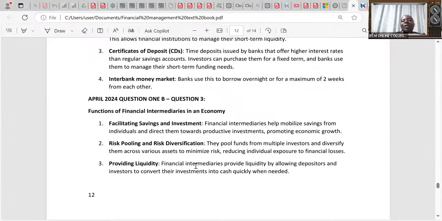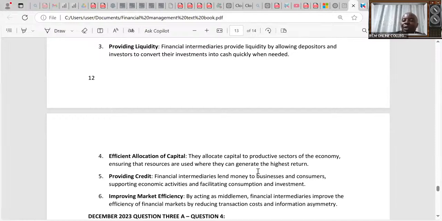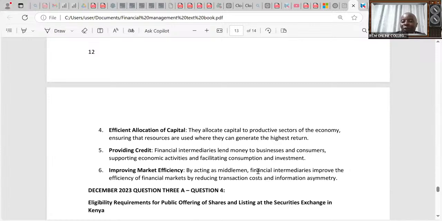Financial intermediaries provide liquidity by allowing depositors and investors to convert their investments into cash quickly whenever needed. Efficient allocation of capital. They allocate capital to productive sectors of the economy, ensuring that resources are used where they can generate the highest returns. Providing credit. Financial intermediaries lend money to businesses and consumers, supporting economic activities and facilitating consumption and investment.